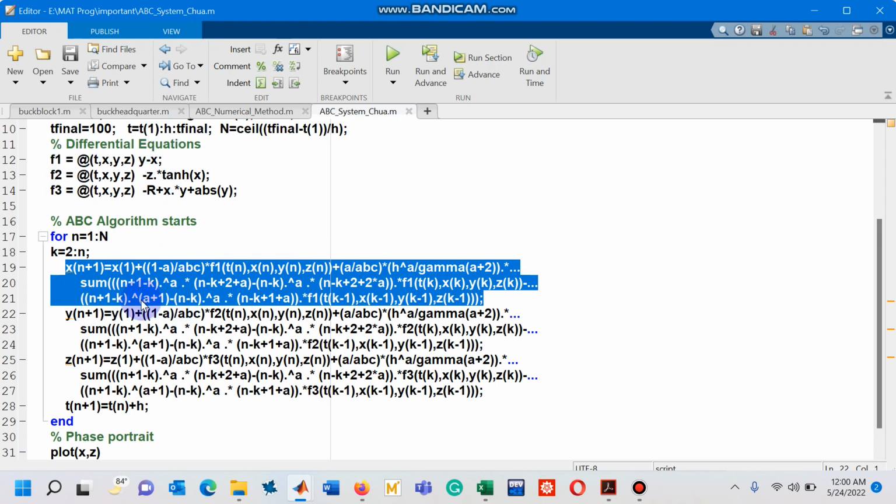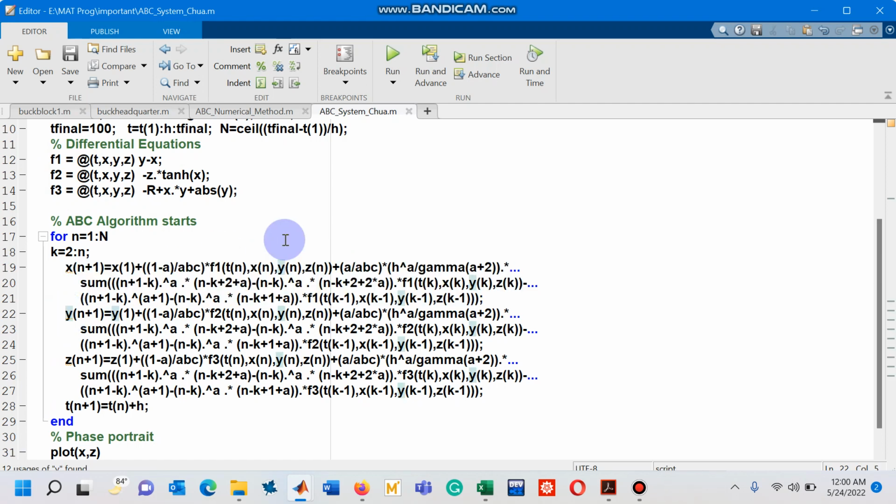You will repeat this with a little change in the variables or in the notation. We have the first dependent variable x here, now it becomes y, and here it becomes the third dependent variable z. The numerical scheme remains the same. So you have to repeat the numerical scheme thrice as we have three differential equations.